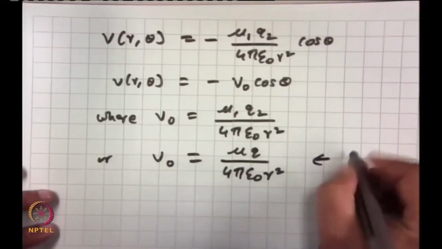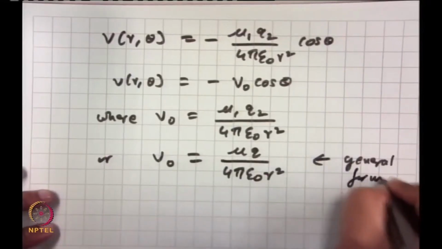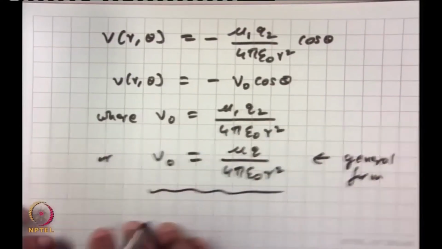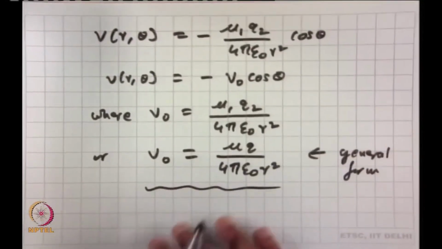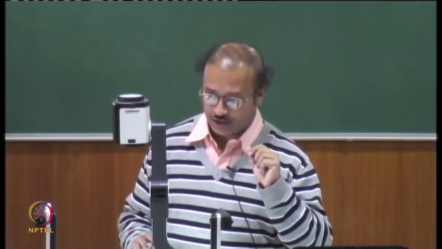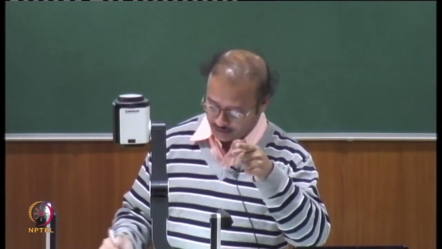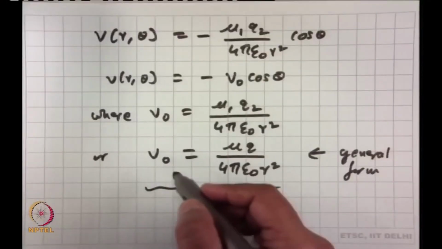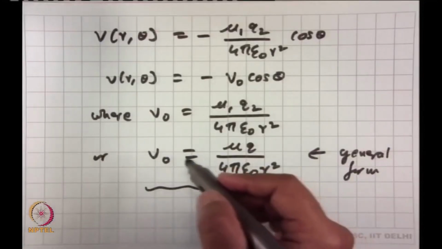This is a very general form. Remember, since we are involved in only the angular orientational averaging, our radial part does not come in. It essentially goes into the constant V0, because we are doing an orientational averaging with respect to theta.